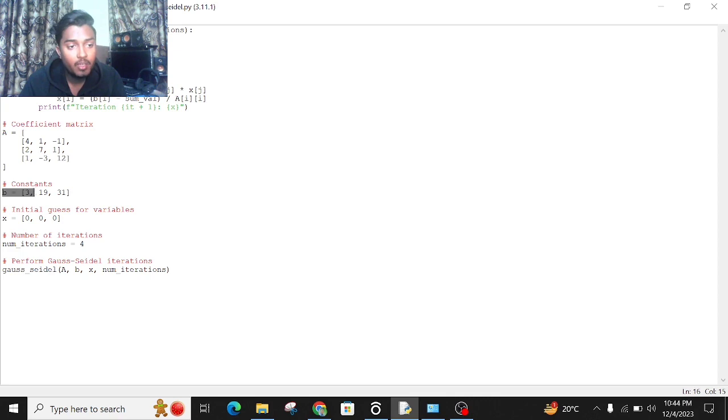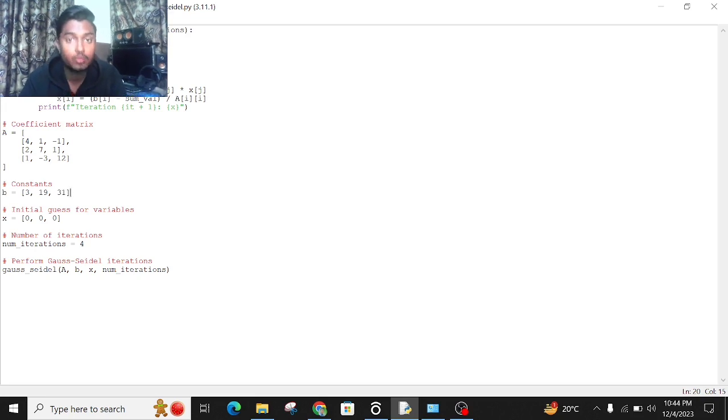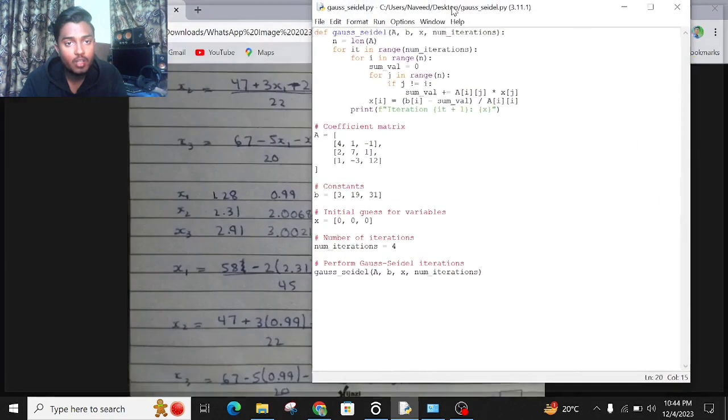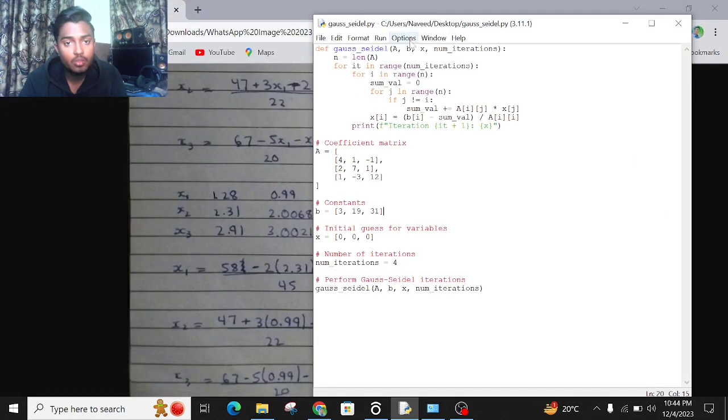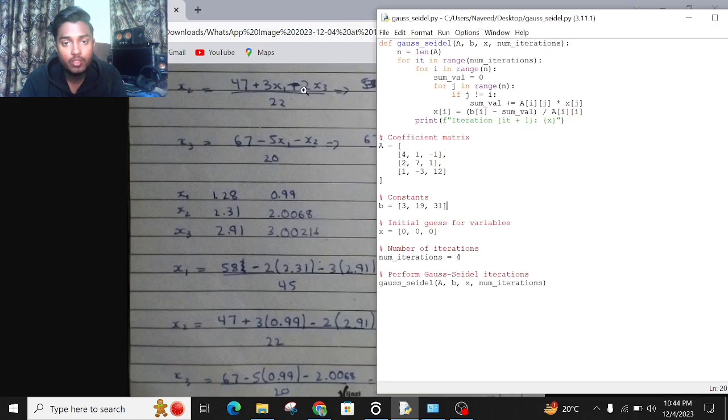And for b, we always take the constants on the right hand side. So 3 is on the right hand side, so we get 3 and 19 and 31.